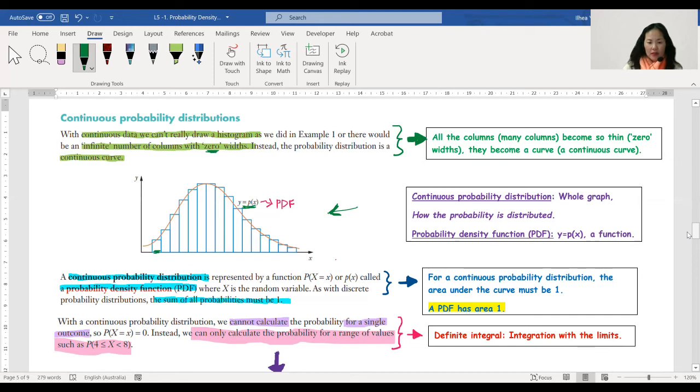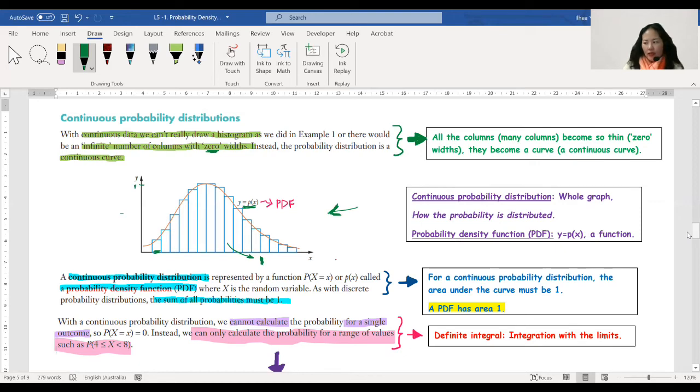An important thing you need to think about is that the probability density function, otherwise called the PDF, has area 1. So for a continuous probability distribution, the area under the curve must be 1, because it's a probability. You can't go more than 1.